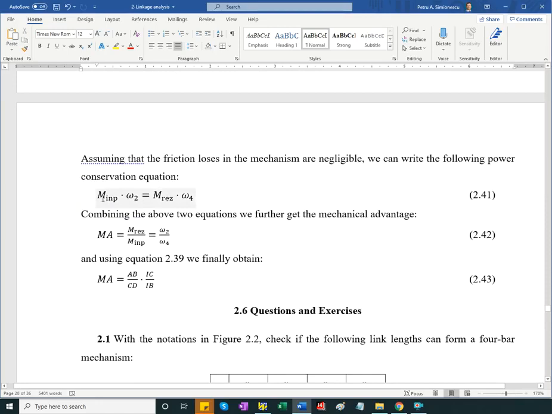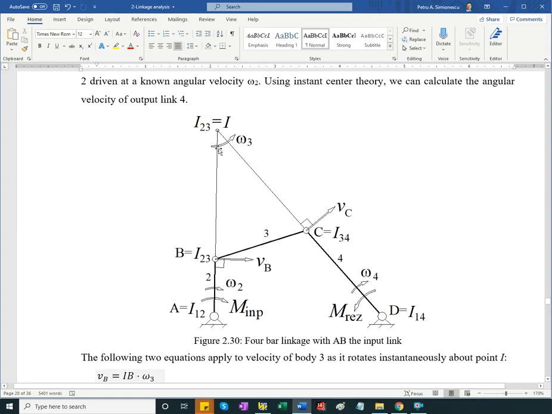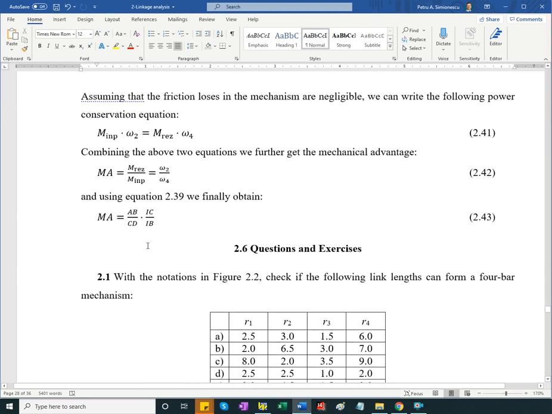It's restated here, the power conservation, and ultimately the mechanical advantage in the 4-bar is this fraction here. So if you have the instant center, you measure some distances on the figure, you can find the mechanical advantage.